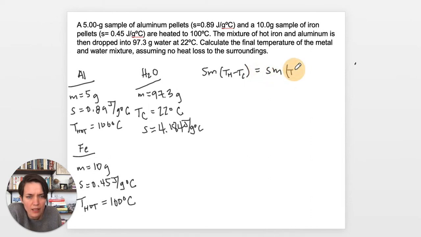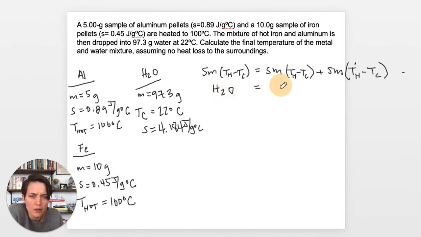Only now we have two species that are being involved in one side of our equation. So we can think about this as being representative of the water being equal to our aluminum plus our iron, right? Aluminum and iron are losing energy, and the water is gaining it.